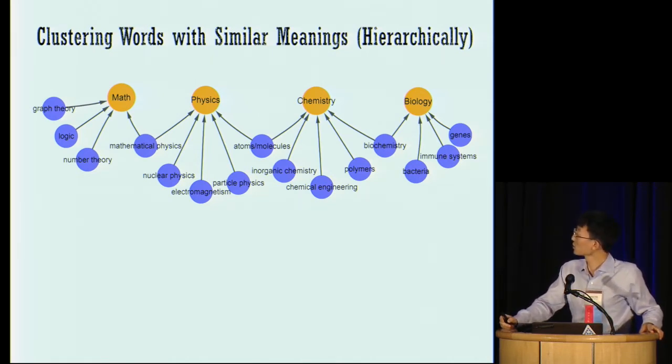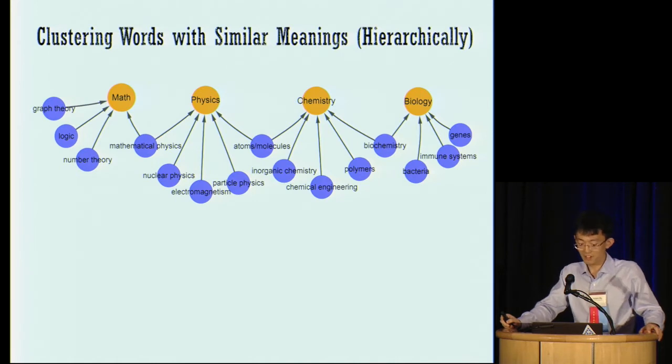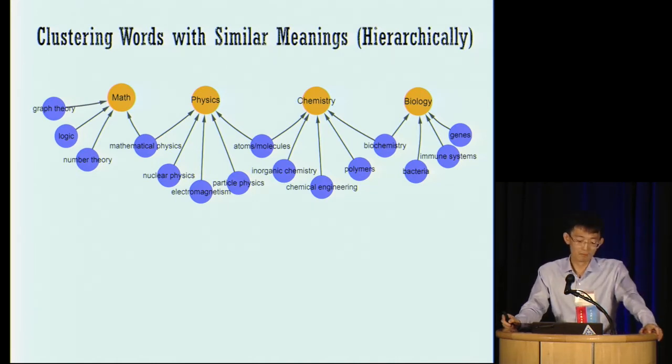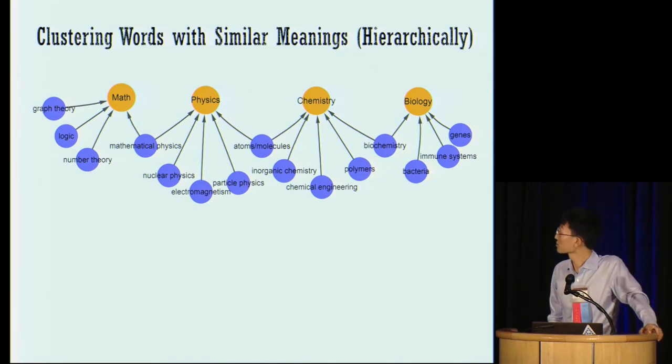Then we can also cluster these small clusters into big clusters, which are more general topics, like math, physics, chemistry, and biology. And you can see that this small cluster sometimes belongs to 2 big clusters, like biochemistry belongs to both chemistry and biology.